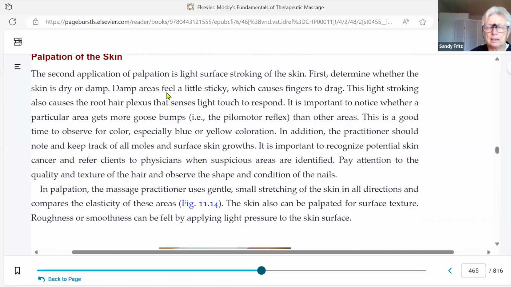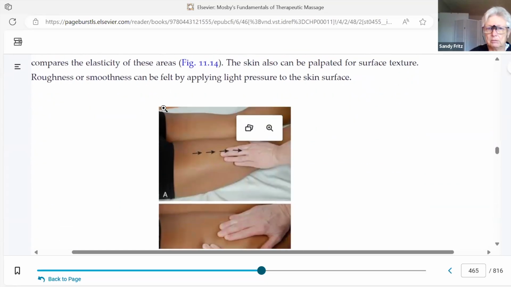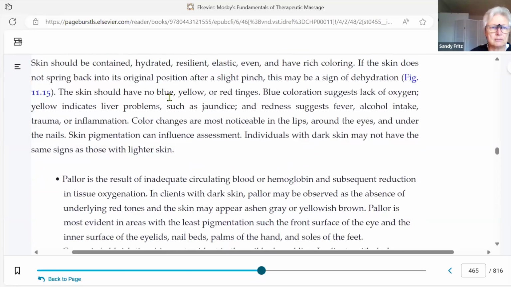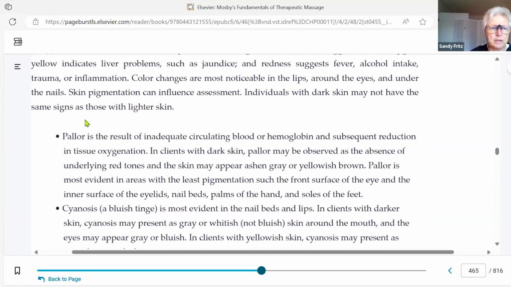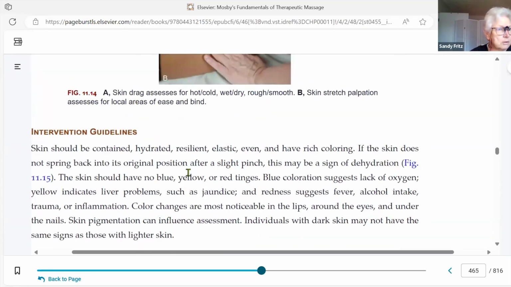And then again, there is a video that supports this. Pay attention to the color here, and also pay attention to that different skin tones can have a different representation of these changes in the skin.